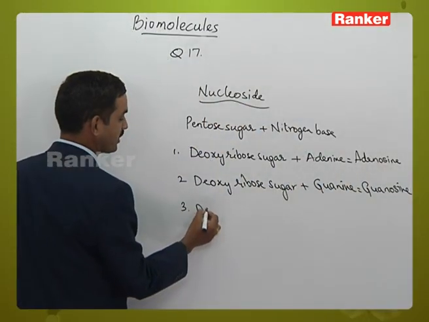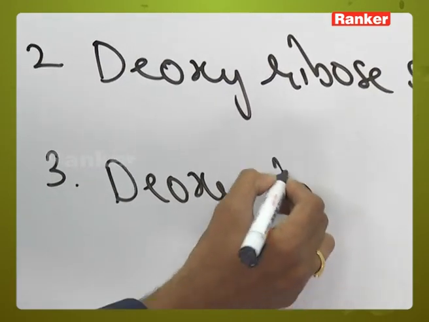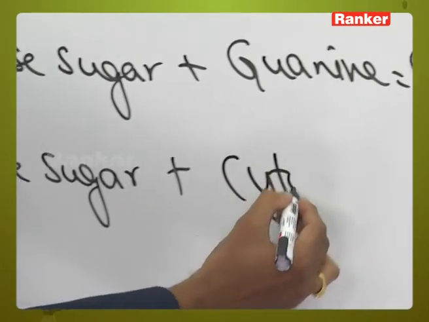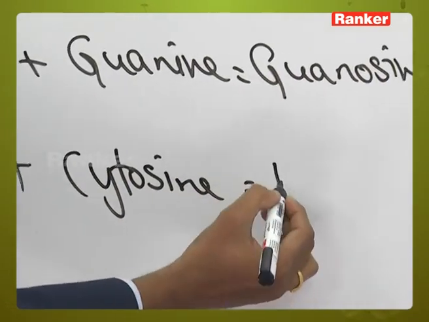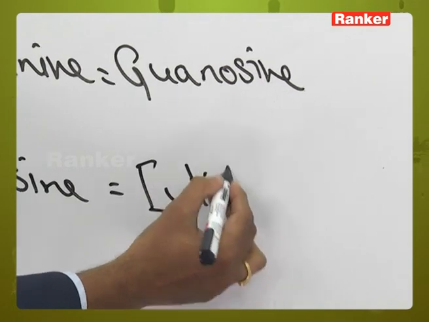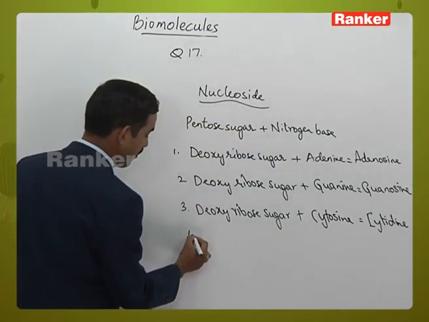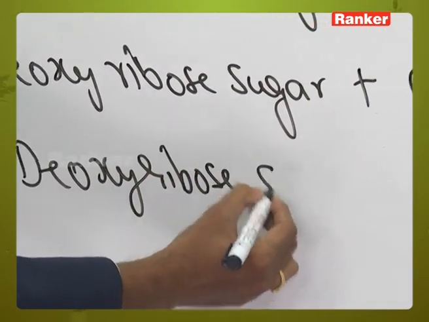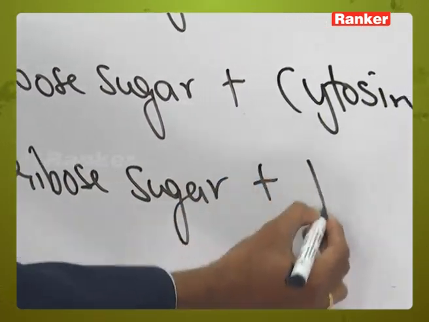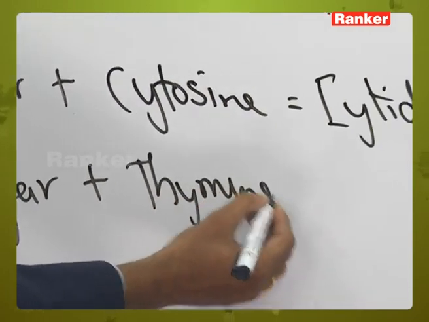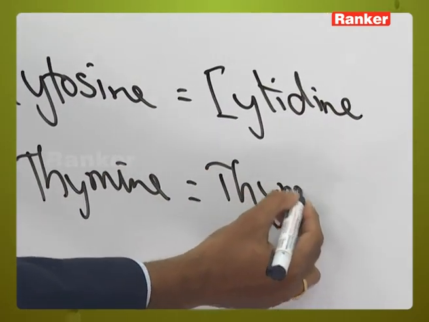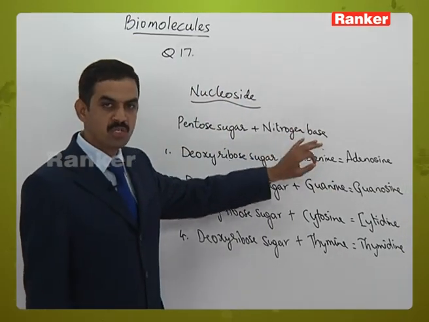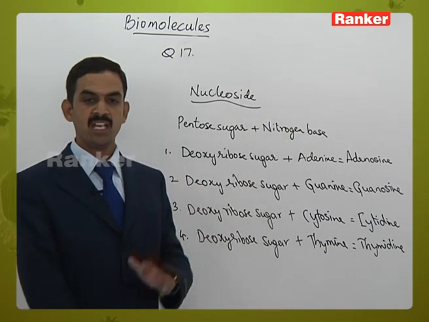Third one, deoxyribose sugar with cytosine will form cytidine. Fourth one, deoxyribose sugar plus thymine will form thymidine. So these are the 4 types of nucleosides which are present in a DNA molecule.